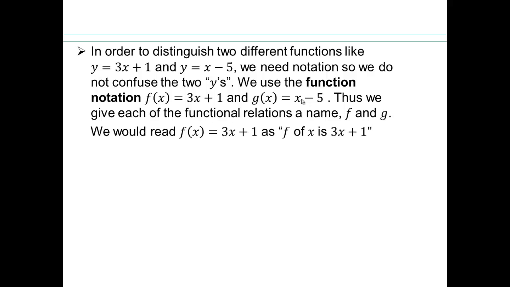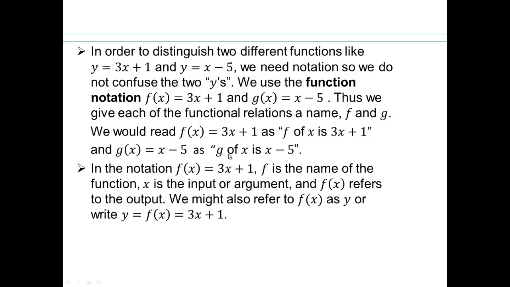So we would read that as f of x equals 3x plus 1, not f times x, but f of x. This reading is very, very important, because that is how your brain is going to interpret what you're reading. So how would you read that? This would be g of x is x minus 5.